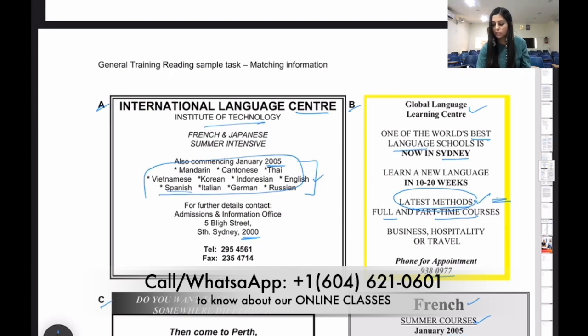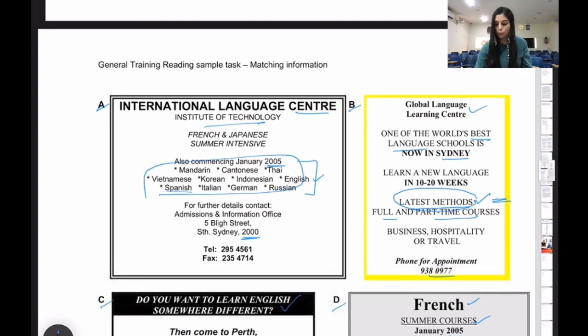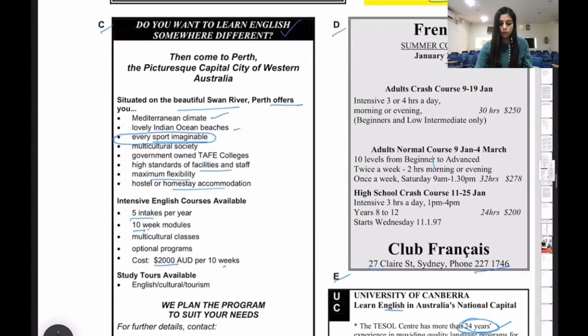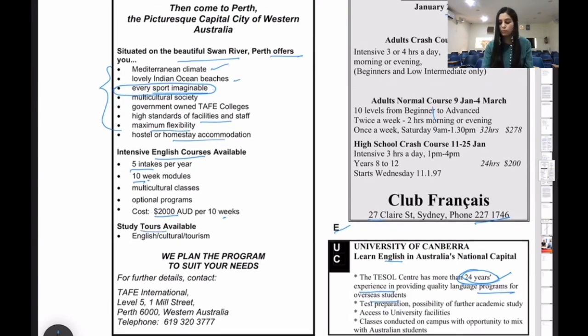No mention of test or exam in B as well. No mention in C. So this is everything that's happening outside the class, so not really talking about the class. This is about English courses. Again, there's no mention of any examination or any classes for exam, though they mention tours available.